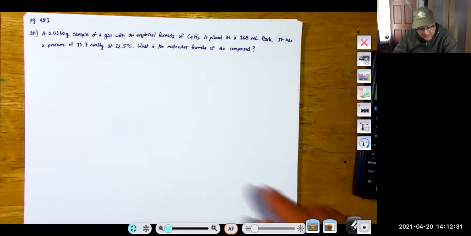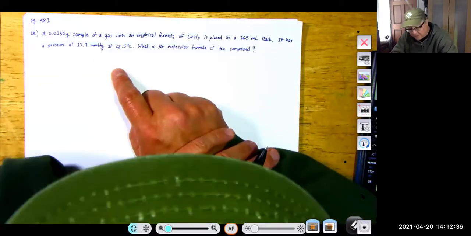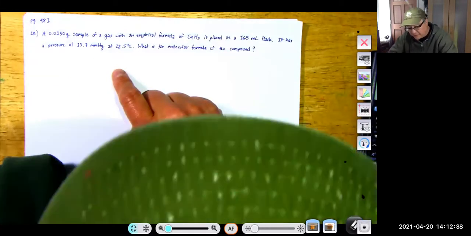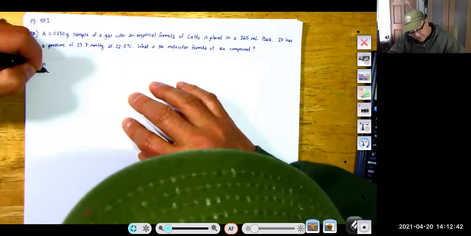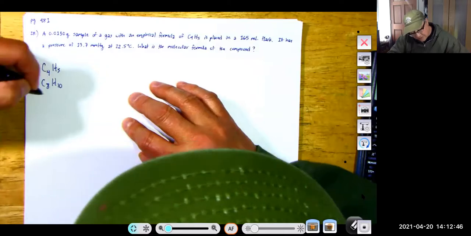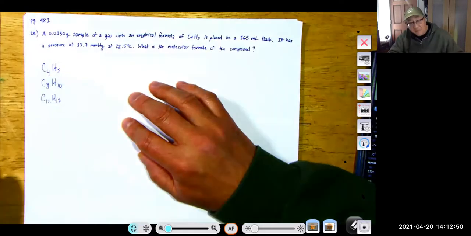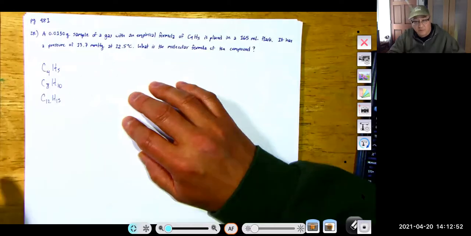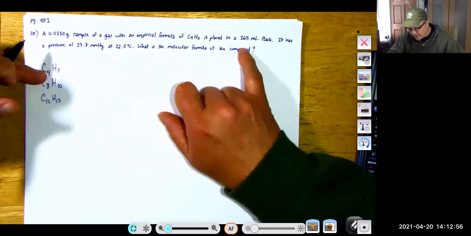So a 0.0130 gram sample of a gas with an empirical formula of C4H5. So that means it could be C4H5, it could be C8H10, it could be C12H15. Some variation of that proportion, the real formula, is placed in a 165 milliliter flask.